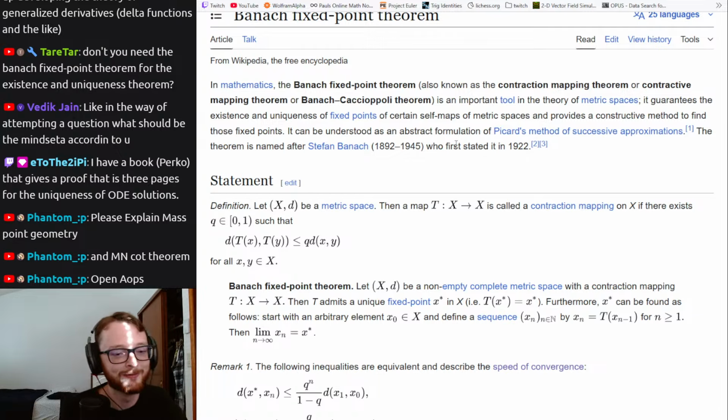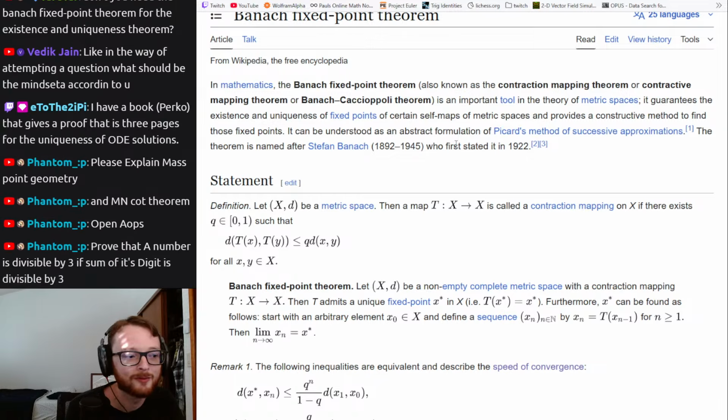I'm sorry, Phantom, you're asking about the few questions that I don't like taking. It guarantees the existence and uniqueness of fixed points of certain self-maps, with a constructive method to find those fixed points.